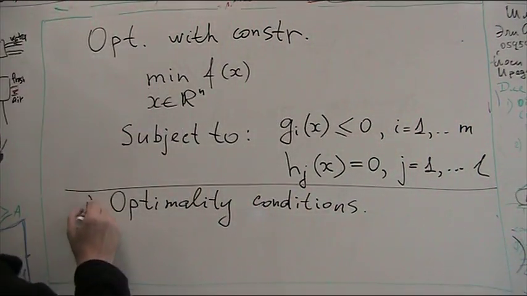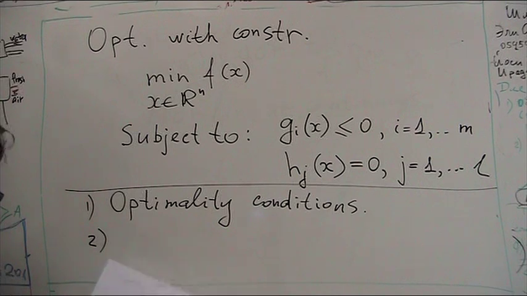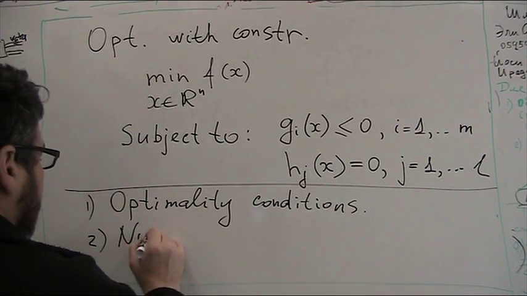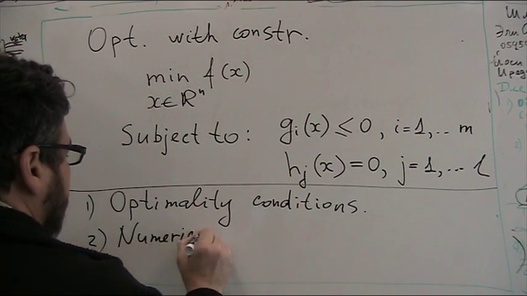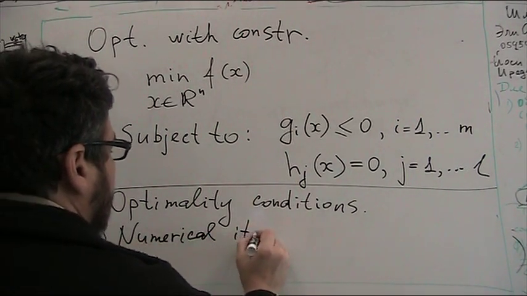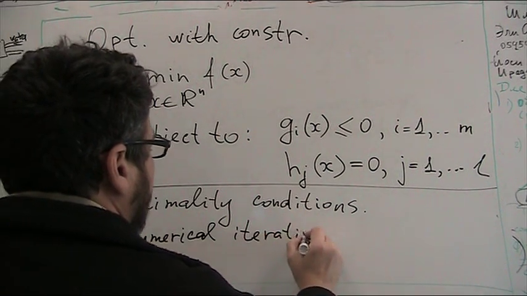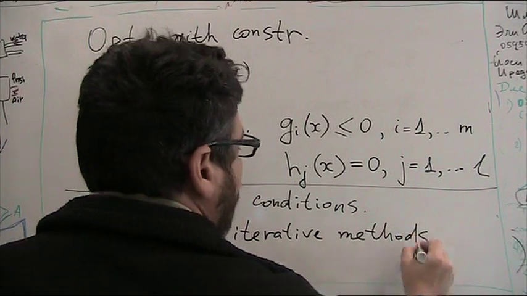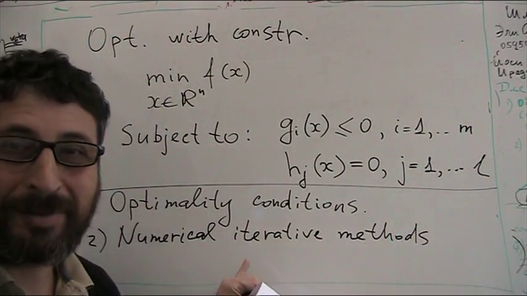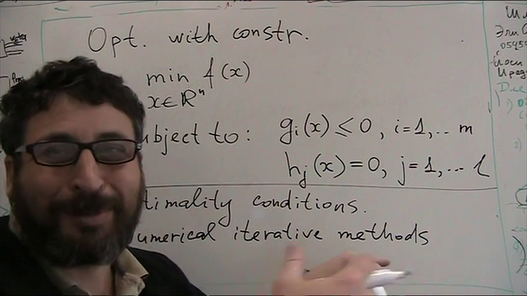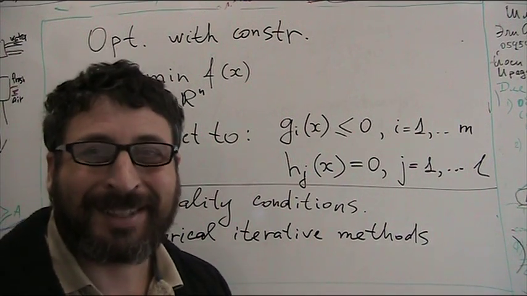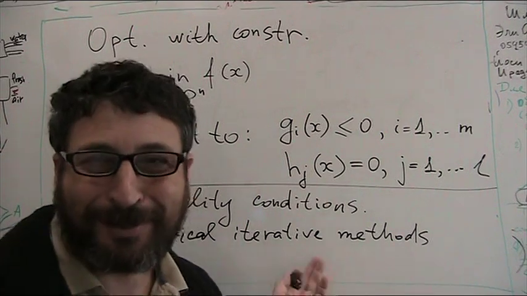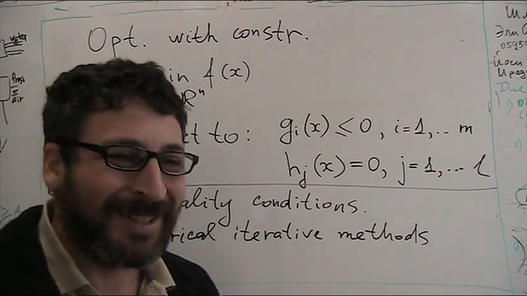So this was the first part, and the second is numerical iterative methods, to approach, to approximate in the limit the optimal solution. Sometimes, if you are lucky, you get to it in a finite number of iterations.